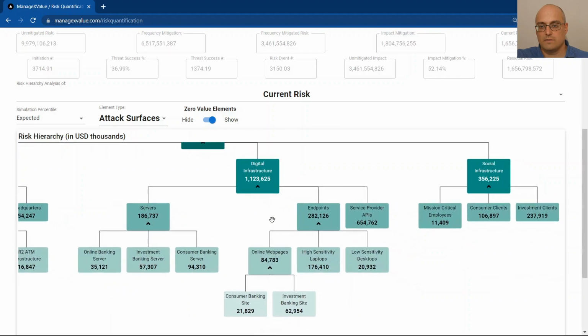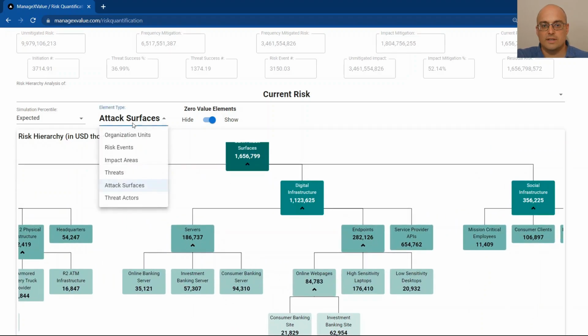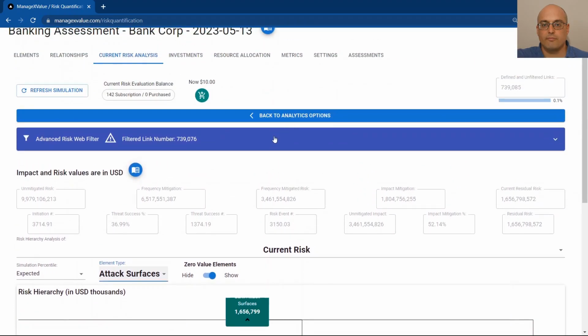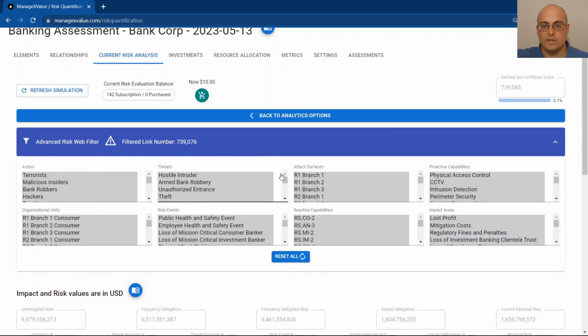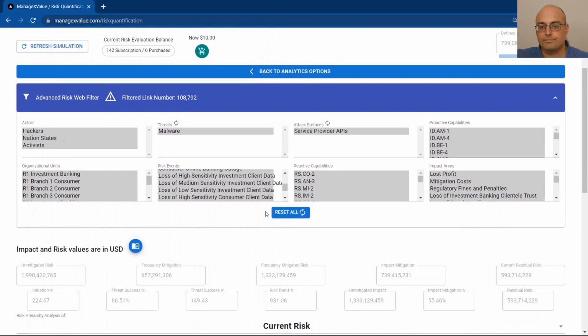And within the digital infrastructure, similar to the candle chart analysis, the service provider API is the most significant factor. So considering this type of analysis, let's start focusing on the categories that we defined: the malware, and then probably the service provider APIs.